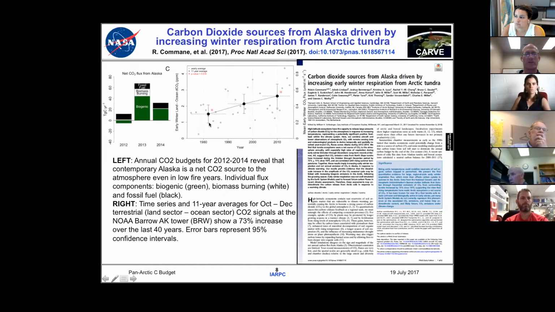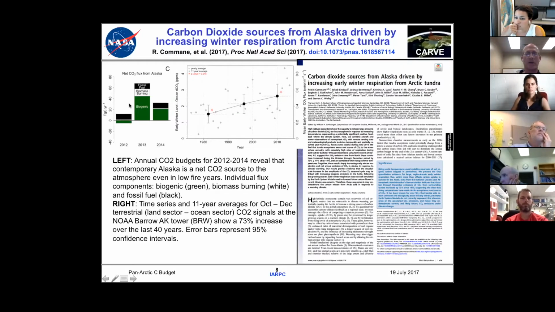Looking at the longer term time series from Barrow, unlike the methane situation where we don't see any long-term trend in the overall emissions from Barrow, here we see a definite increase in carbon dioxide over time.